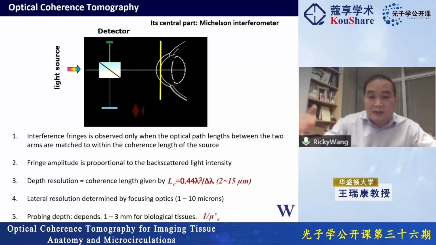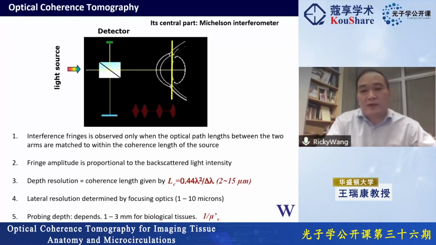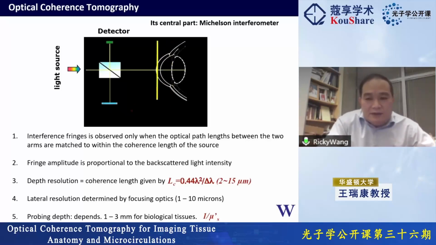Beyond this depth, the OCT system cannot image. So this is a limitation of the OCT system, and I consider this very important because we have to know the limitations of our system.